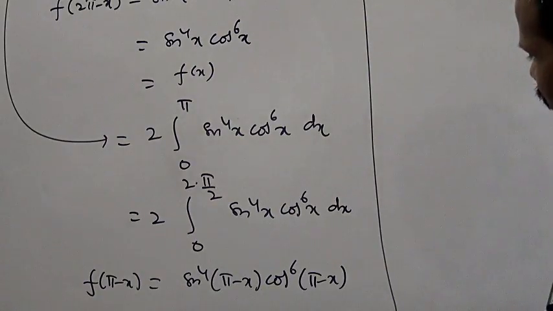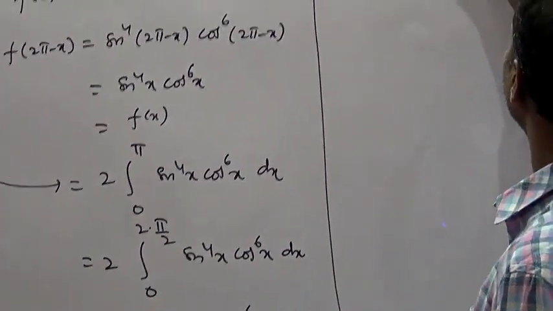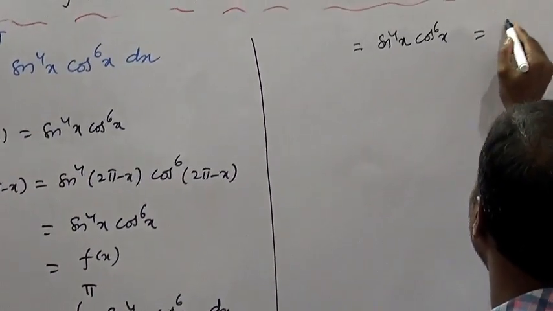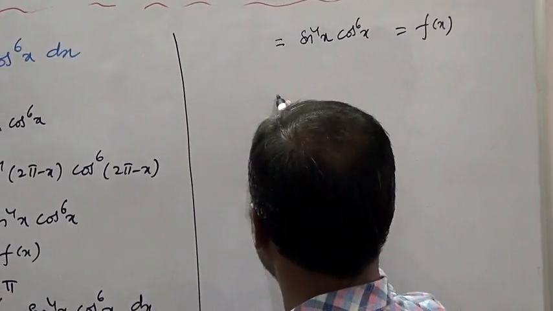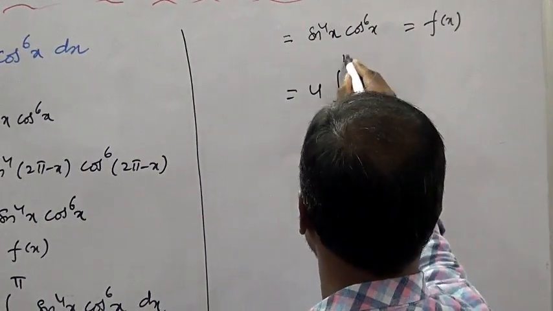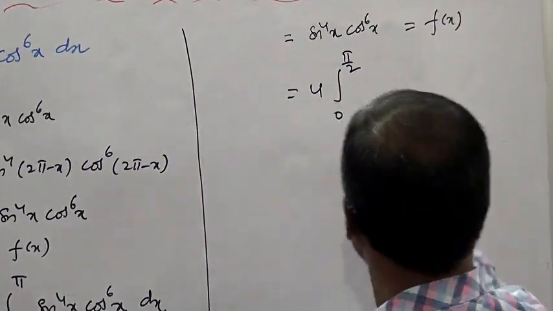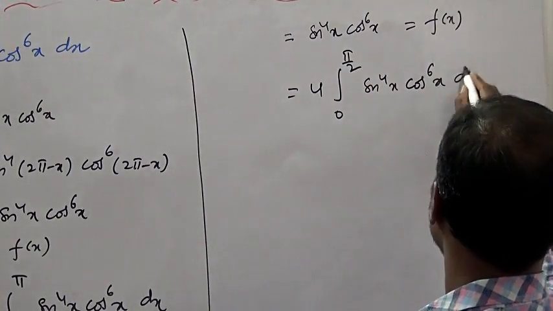And cos of pi minus x is minus cos x, but power 6 is there, even power, so cos power 6x, which is equal to f of x. So the integral becomes 4 into integral 0 to pi by 2 sin power 4x cos power 6x dx.